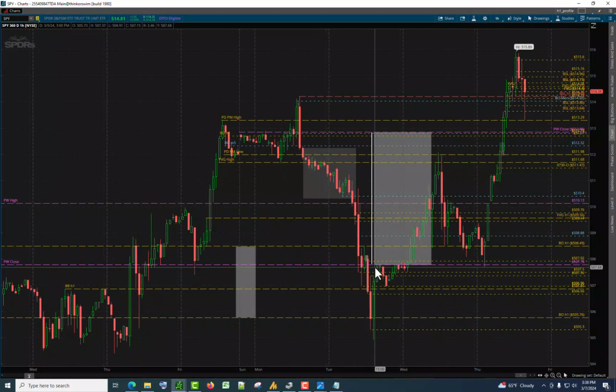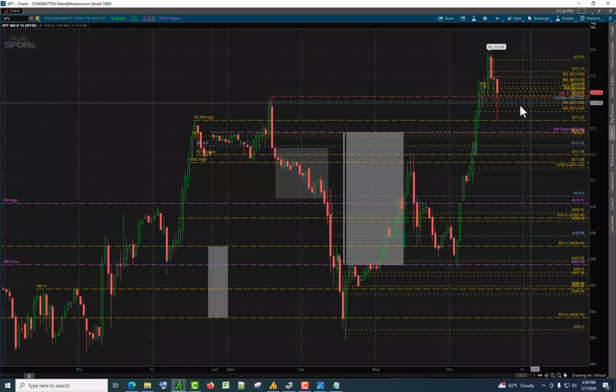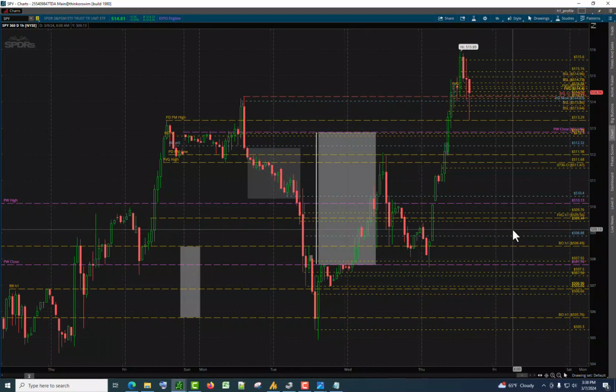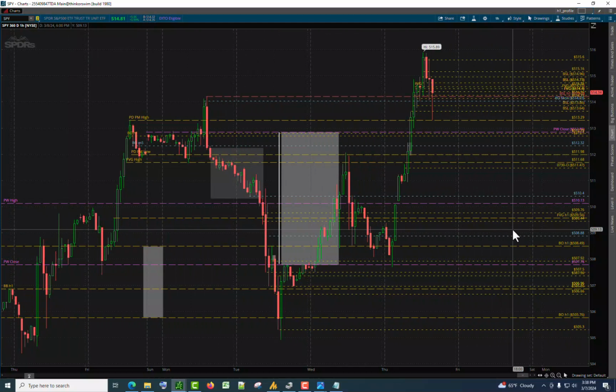When it fell below that range, it went up, and now it goes above that range. Let's see if it stays above this range and holds, or if it's going to be a false breakout. We don't know.